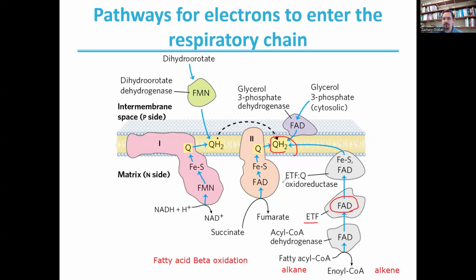This will then transfer to an ETF-Q oxidoreductase, again, using our usual naming convention there. The starting electron donor, ETF, our electron transport flavoprotein, and our ubiquinone, our coenzyme Q, this will ultimately transfer those electrons to our ubiquinone. So this is essentially a complex 2.5, if you will.